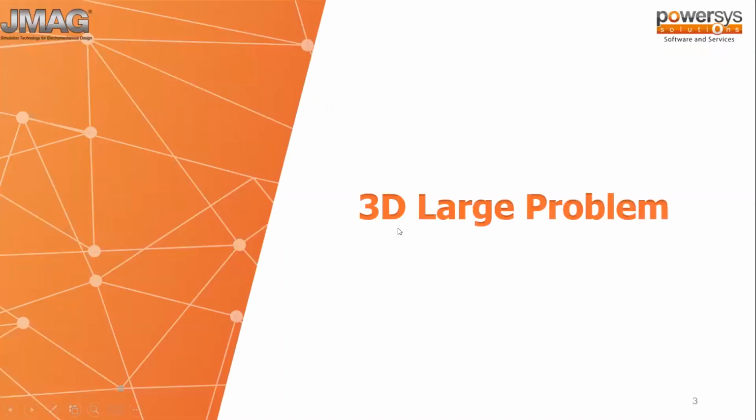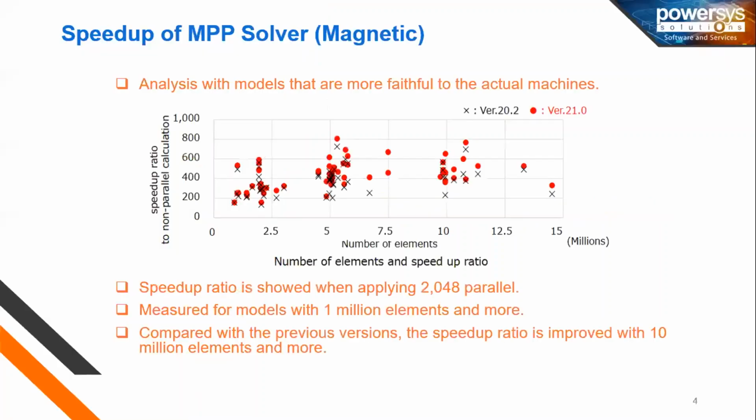The first and foremost thing is regarding the 3D large-scale problems, how version 21 is far better than the existing versions. Regarding the speed of the MPP solver for the magnetic analysis, seeing this graph, it is clear that the version 21 speed-up ratio is greater than that of the existing version 20.2 when the number of elements is higher than 10 million.